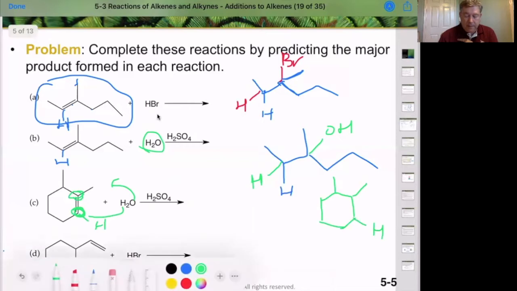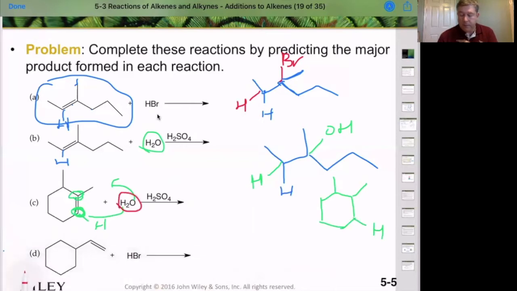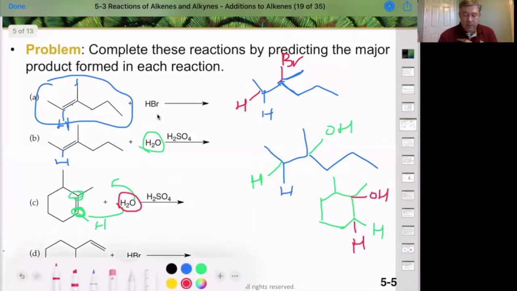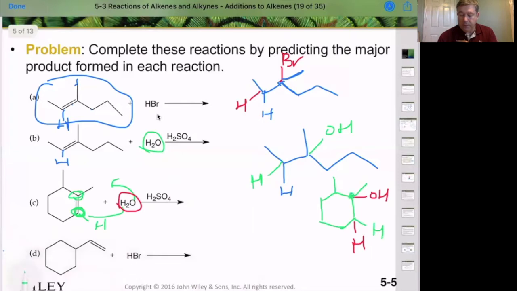Let's add water in red, so the OH is going to end up here, and the other hydrogen is going to end up here. Notice that we have 4 bonds on this carbon now. We started with 3 bonds because it was a double bond. So we started with an sp2 hybridized carbon, and we ended up with an sp3 hybridized carbon with 4 bonds.